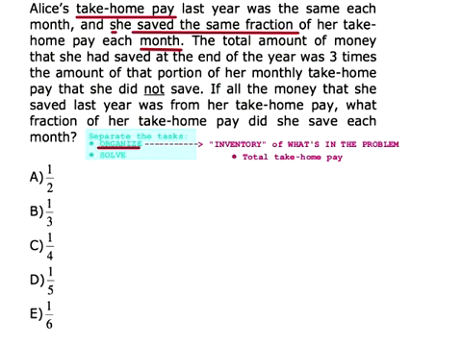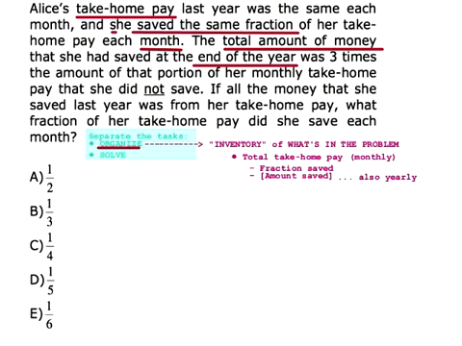So it's monthly. And then there's a fraction saved. Presumably if there's a fraction saved, we can anticipate that there's going to be an amount saved as well. And there is, right? There's a total amount of money that she had saved yearly. That's going to be times 12, no big deal, but that's also going to be yearly. And then blah, blah, blah. 3 times we don't care about because that's later. That's part of the solving stuff.